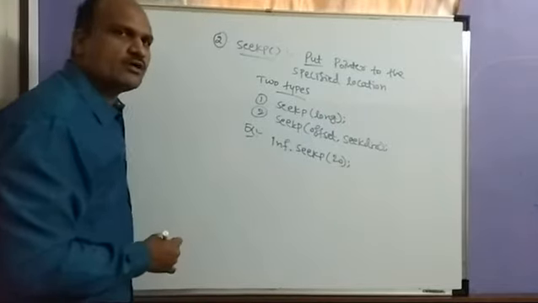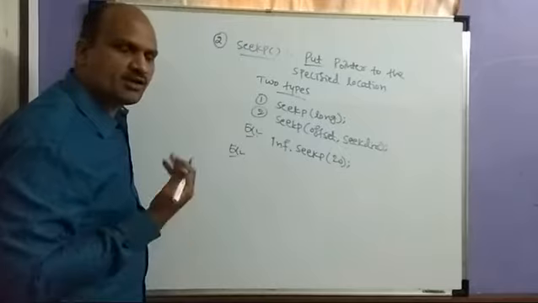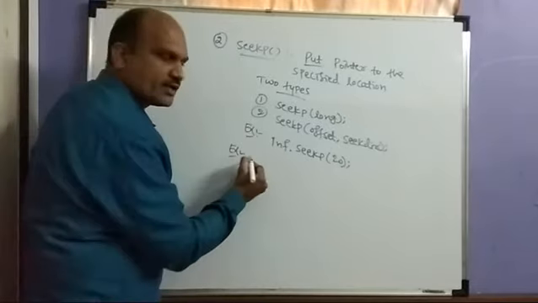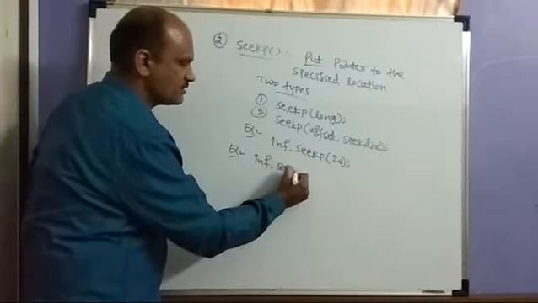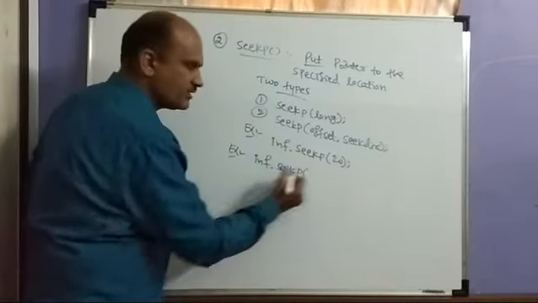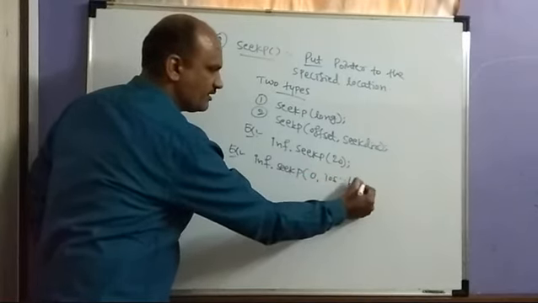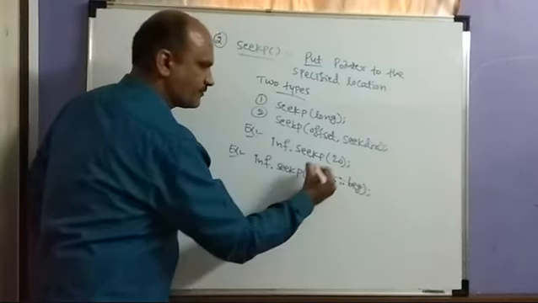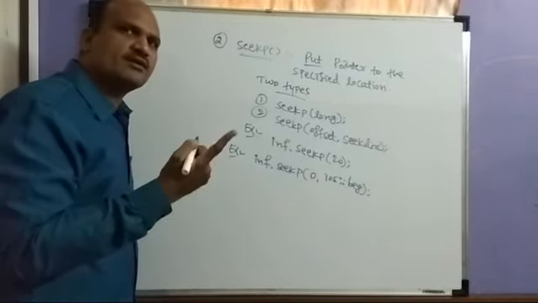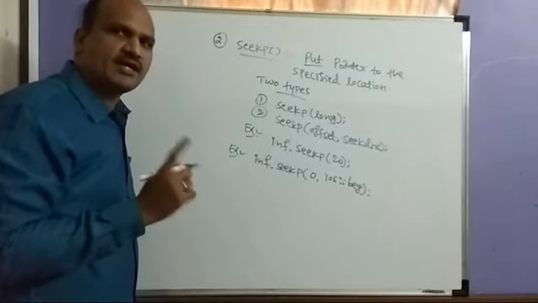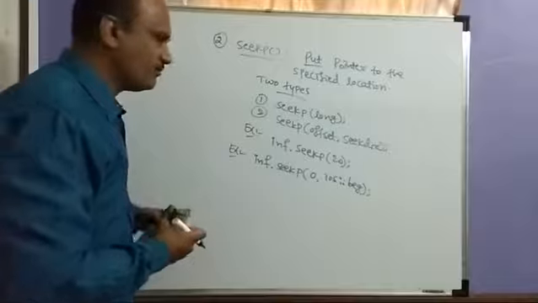If you want to use any mode again, beginning or current or end, you can write again any example, but here you have to use seekp. So 0 you can use again for the beginning of the file. Here it will be the put pointer, in seekg we are using the get pointer. So these are the two member functions.